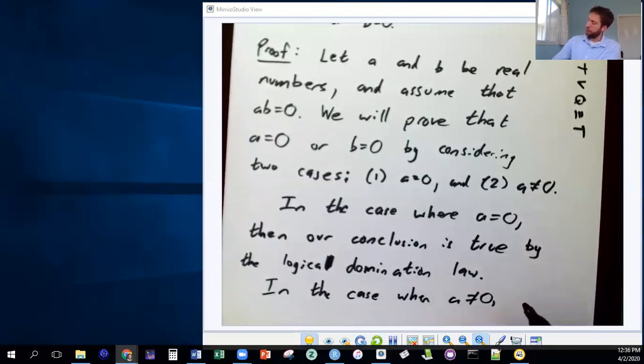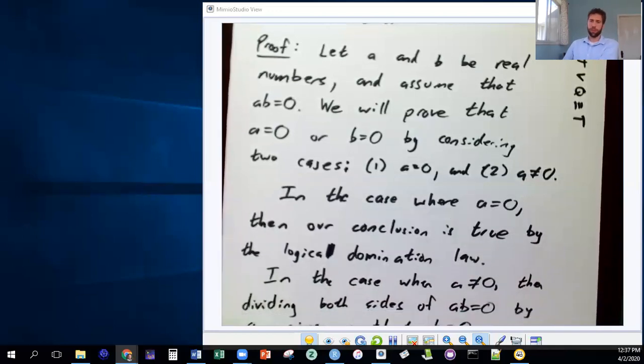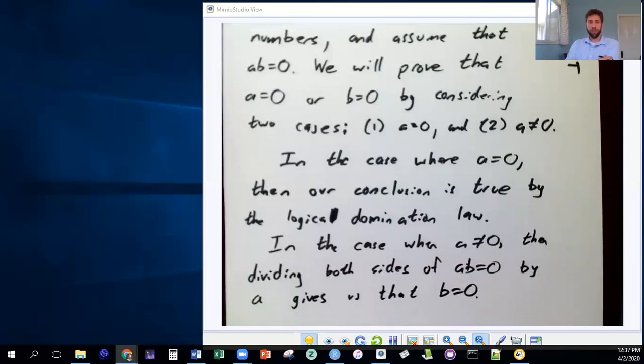So in the case when A is not equal to 0, dividing both sides of AB equals 0 by A gives us that B equals 0. Right?